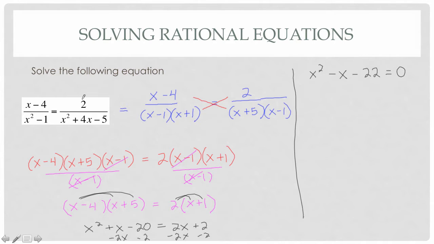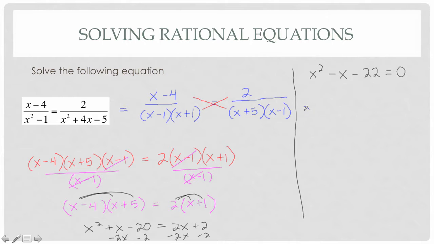And going back to this, I want to solve this out. I want to try and find what are my solutions for x that make this work. Well, I'm going to briefly look at trying to factor. Are there two numbers that multiply to negative 22 but add to negative 1? I can't think of any right off, so it doesn't factor nicely, which means I got to use the quadratic formula in this case.